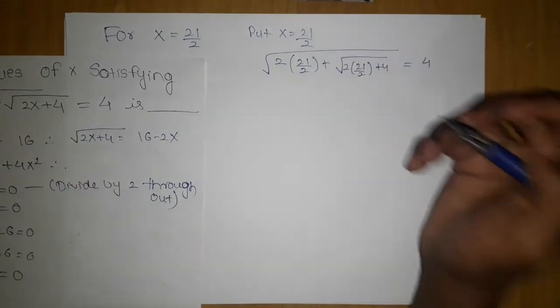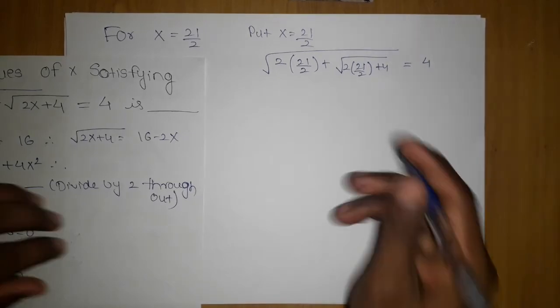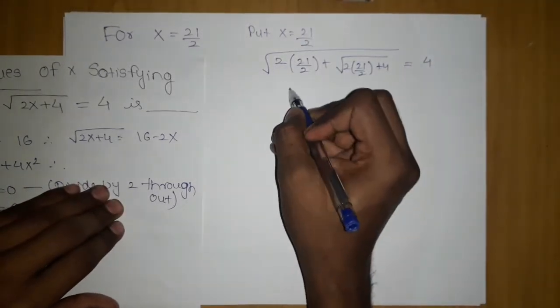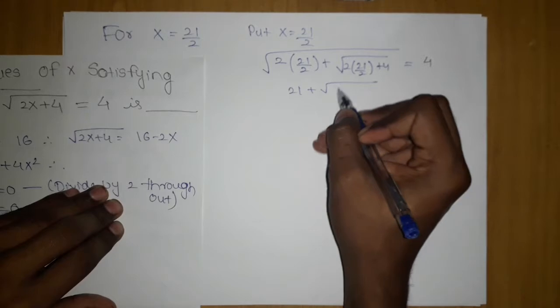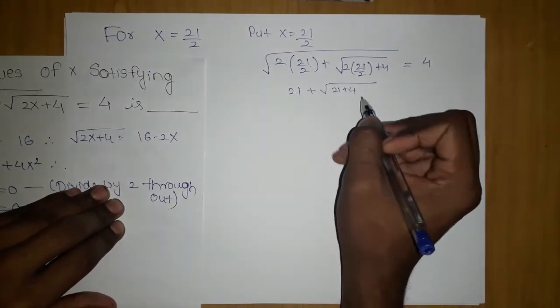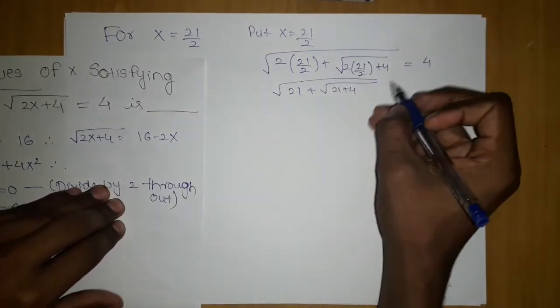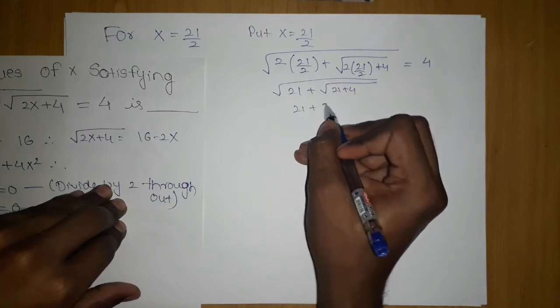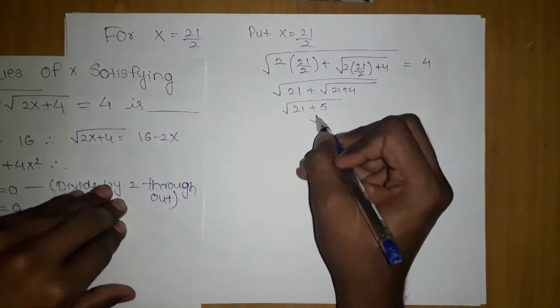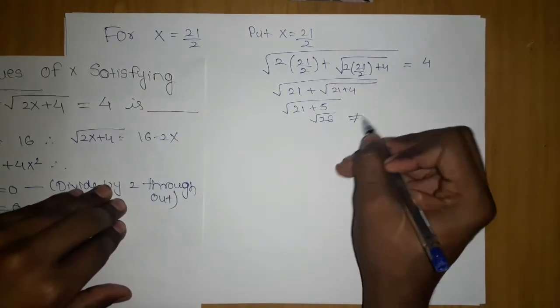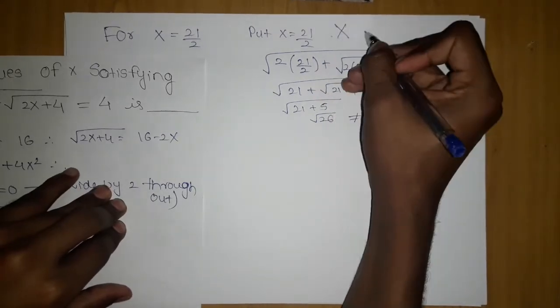If it is not, then the answer is wrong. So we are getting 21 plus under root 21 plus 4, this is the whole under root, so we are getting 21 plus 5, so under root 26. It is not equal to 4, so this x is wrong.